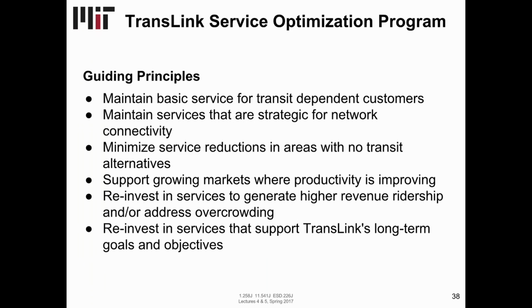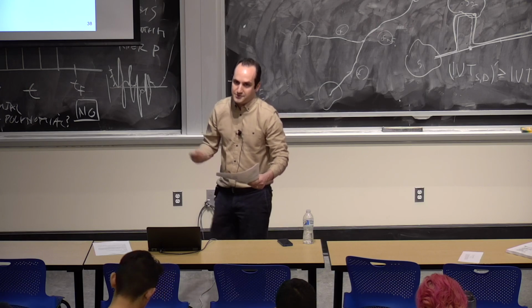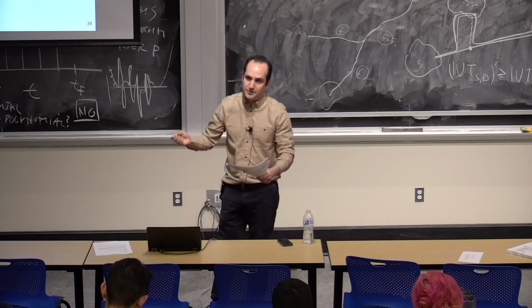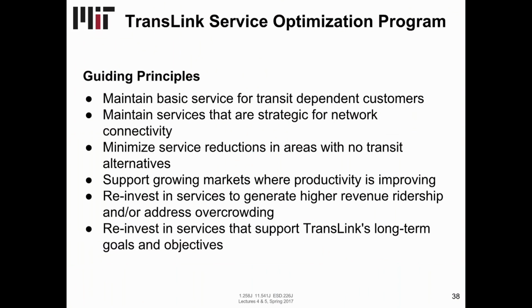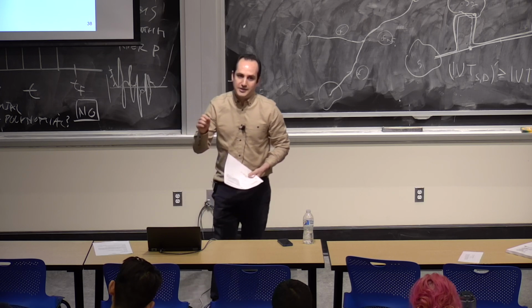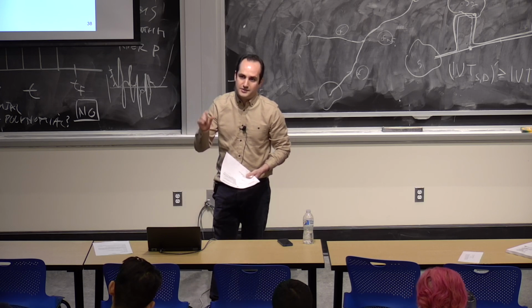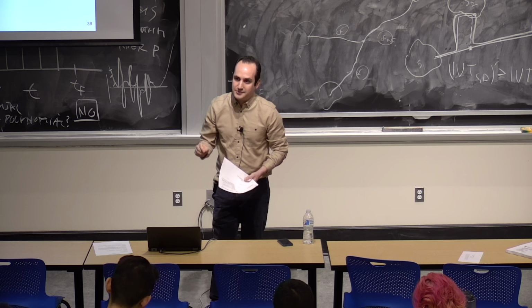The guiding principles for TransLink from Vancouver in the service optimization program are to maintain basic service for transit-dependent customers, like what we discussed about the existing service and how passengers may be dependent, and we need to be careful when we want to remove some of the existing service. Maintain services that are strategic for network connectivity. Sometimes it becomes tricky when we look at the routes individually and do not consider their role and functionality in the performance at the network level.